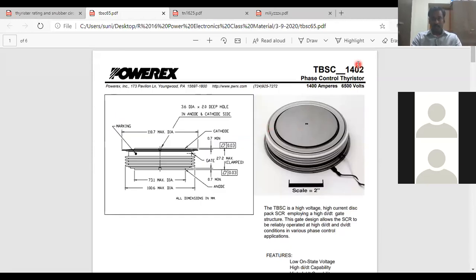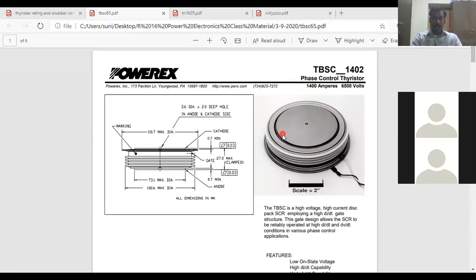Okay, so then one question, how to download the specifications PDF, isn't it? So specifications, simply you go to Google and you type thyristor. Simply one method is TYN. You simply identify the TYN number.